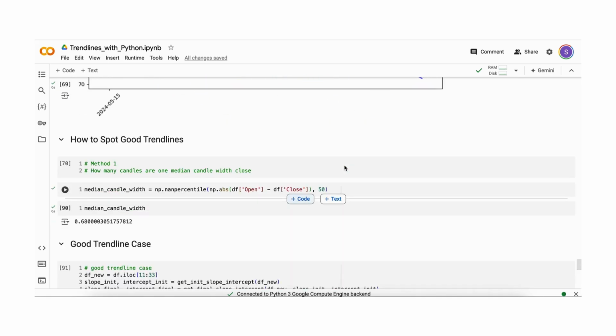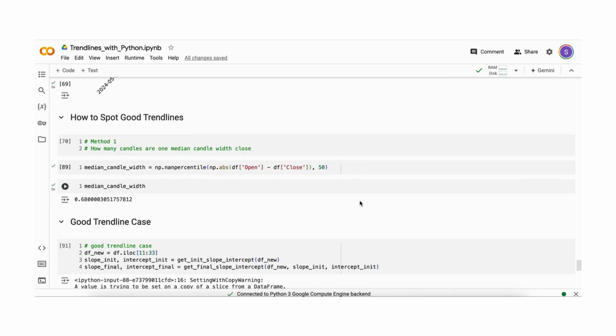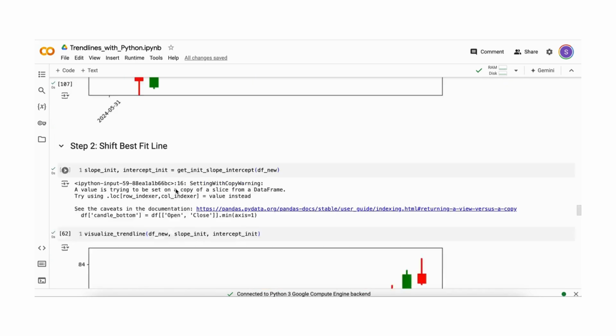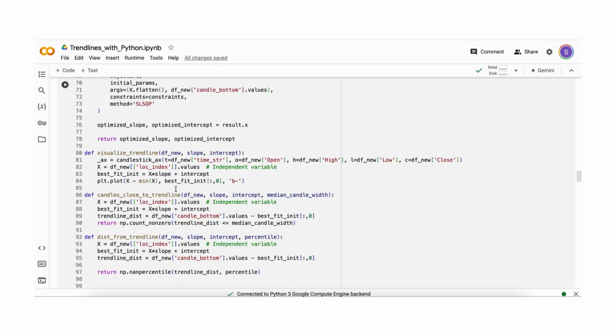So here I show two important strategies to spot good trend lines. First, I calculate the median candle width. Now, strategy one is to check how many candles are close to the trend line. And by close, I mean they are within one median candle width. So we find the best fit line, and then we find the distance of the candle bottom to the best fit line.